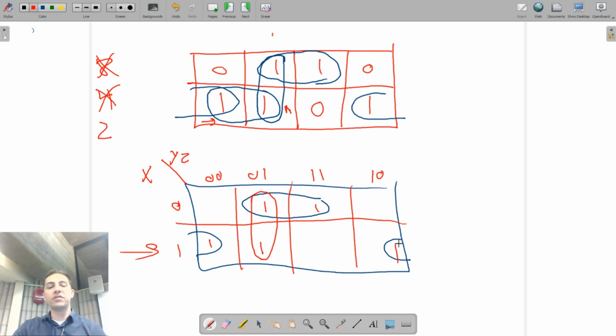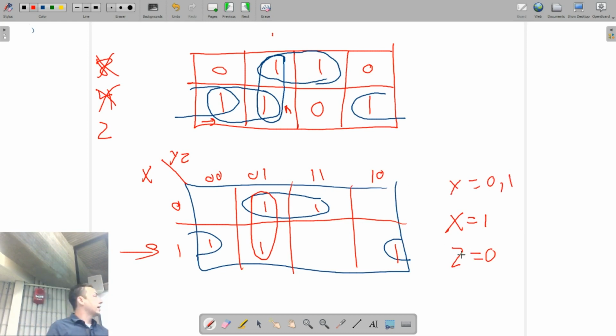It's in the row where X is labeled 1. So both of these cells have X equal to 1. What about their columns? What's true about both of these columns, the far left and the far right column? Z equals 0. Z is labeled 0. Yeah, Z is labeled 0.